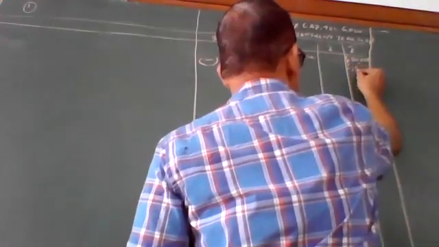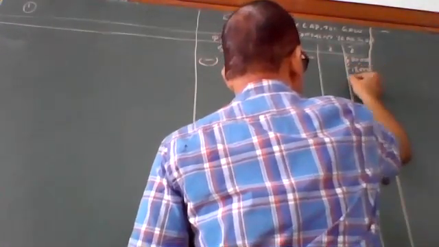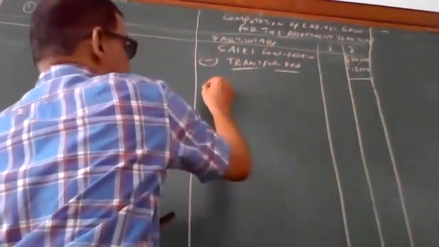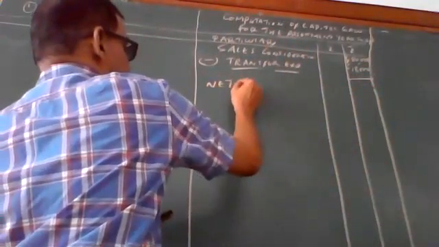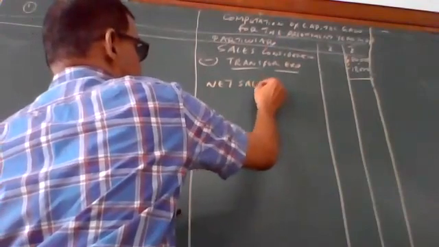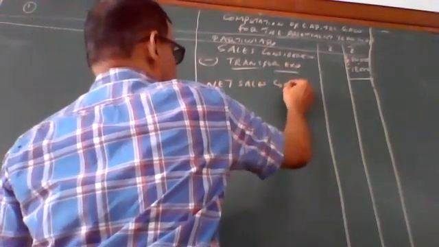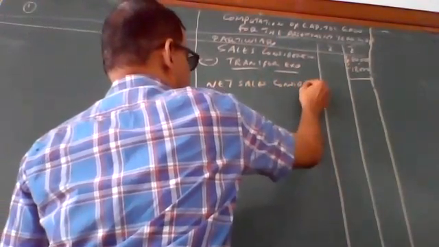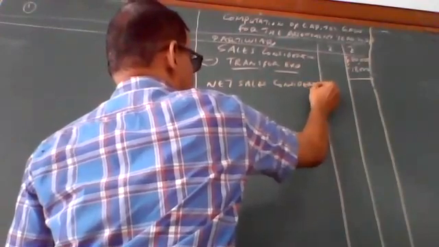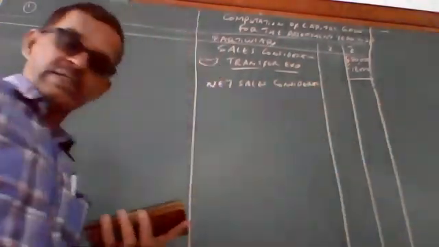Minus 18,000, we'll get net sales consideration. How much is the net sales consideration? 4,80,000 minus 18,000 is 4,62,000.